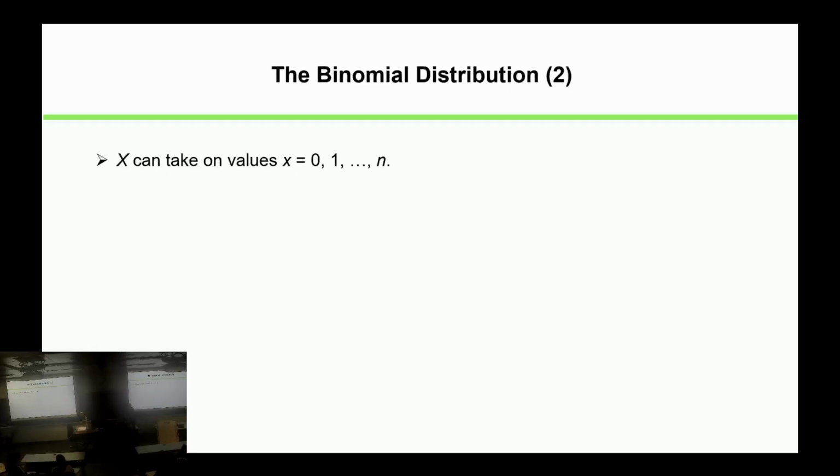How many different values is it possible that x could have? And I'll say when x is binomial n, p.